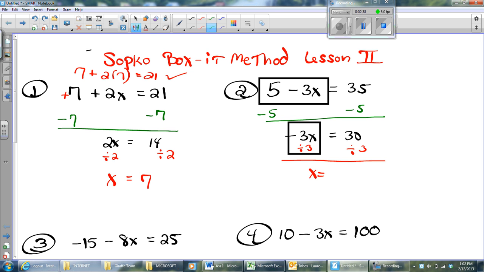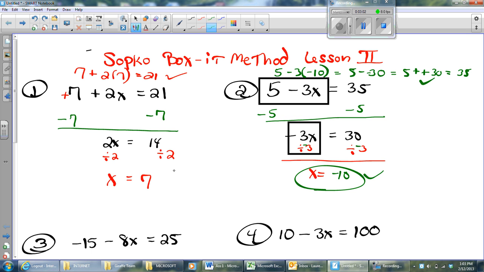I shouldn't be dividing by 3. I should be dividing by negative 3. And so x is going to equal negative 10. If I check it, 5 minus 3 times negative 10, well, that's the same as 5 minus negative 30. And minus a negative is the same as plus a positive, and therefore equals 35, and it checks.